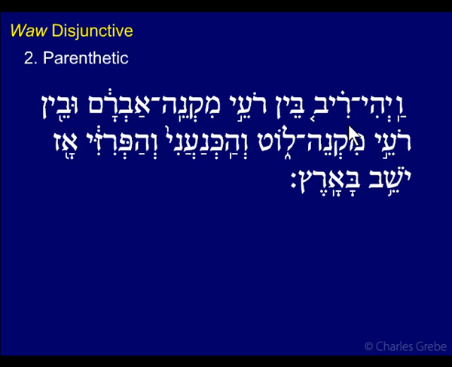Vayhi Riv. Now, if you're reading along and you see Vayhi, you should know from a chapter or two ago that this sets it in the past, right? This is the predicate form of Haya plus Vav consecutive. Okay? So, let me read the whole thing.